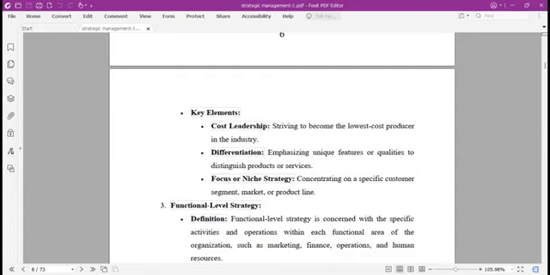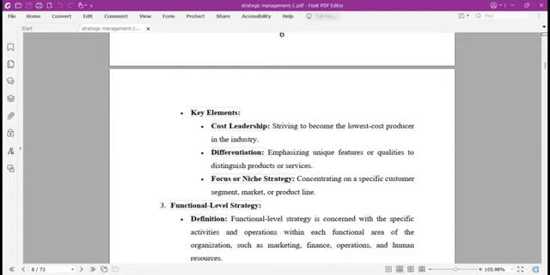Also, there is a focus or niche strategy. That edge an organization has over others. Concentrating on the specific customer segment, market, or product line.